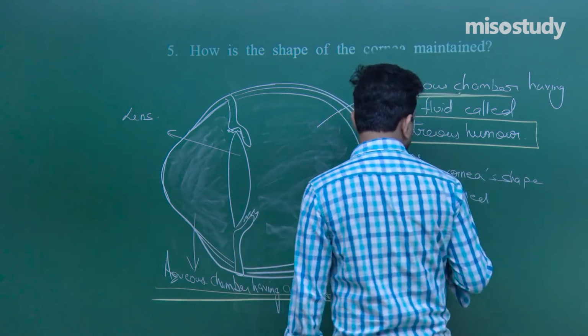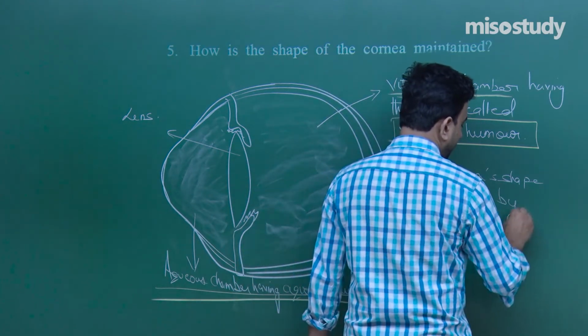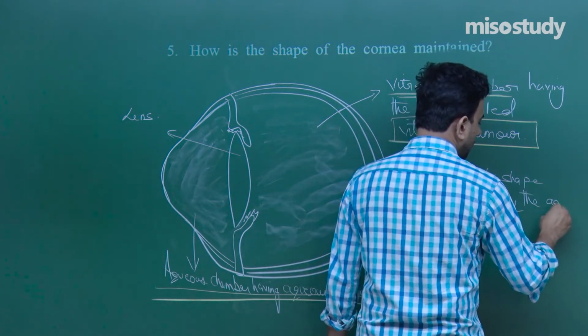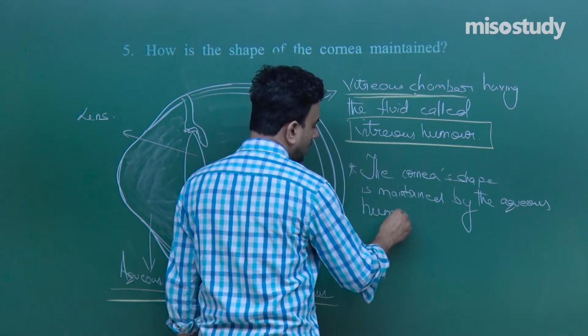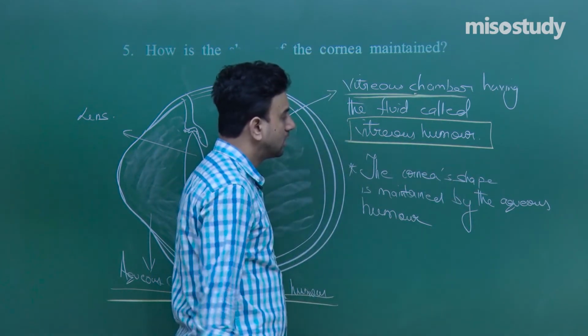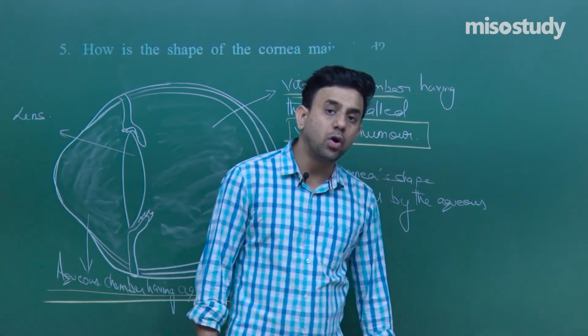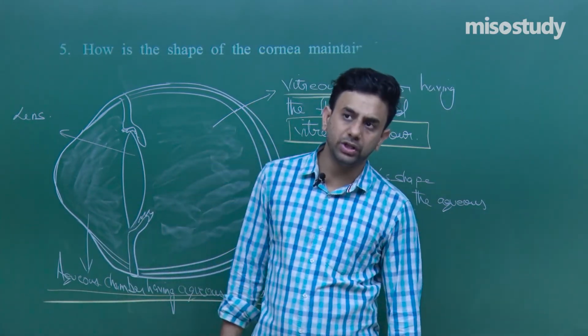So, the cornea's shape is maintained by the aqueous humor, right. The aqueous humor also will provide nutrition to the cornea.